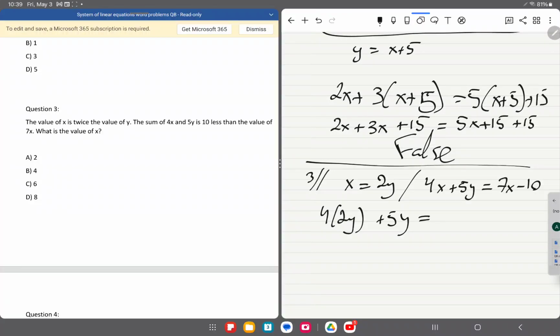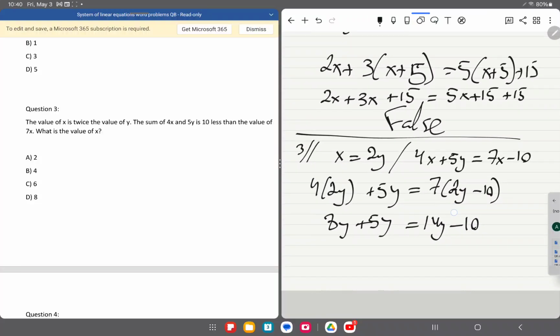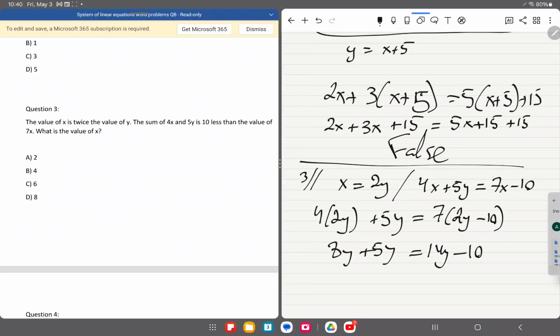So instead of x, I'm putting 2y. 4 into 2y plus 5y is equals to 14y minus 10, so 8y plus 5y is equals to 14y minus 10. Now, is this correct? 4 into 2y, 5y, 7 into 2y, okay. This one is 13y is equals to 14y minus 10.